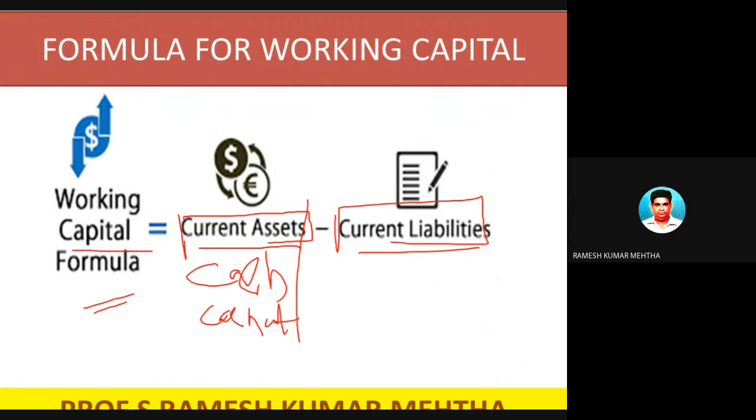On the liabilities side we have creditors, bills payable, outstanding expenses like outstanding wages, salaries, factory overheads, office and administration overheads, selling and distribution overheads, provision for taxation, provision for dividend, and other items which are short term in nature.